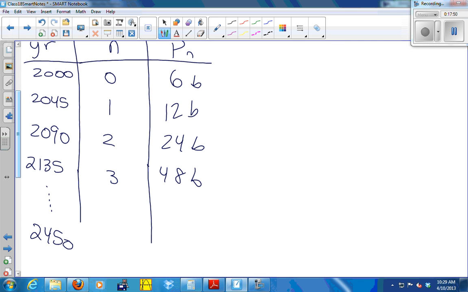From 2000 to 2450, that's 450 years. How many sets of 45 is that? That's 10 sets of 45 years.